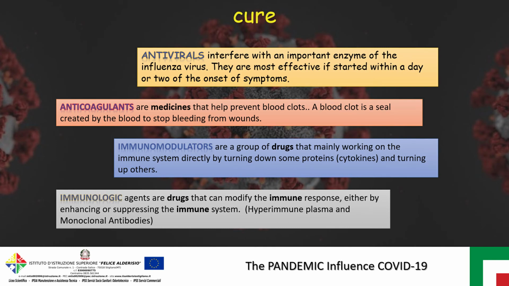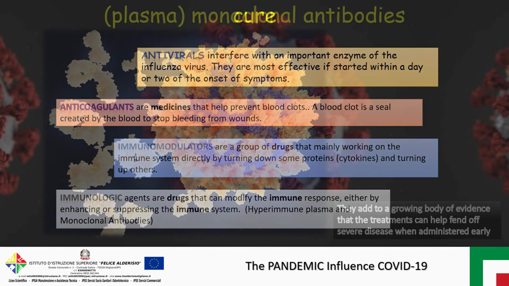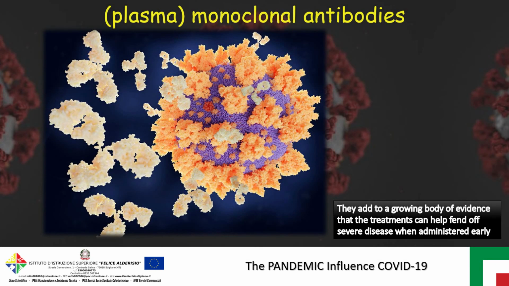And in the end, immunologic agents are drugs that can modify the immune system's response, either by enhancing or suppressing the immune system. Another option can be monoclonal antibodies, which are laboratory-made proteins that mimic the immune system's ability to fight off harmful pathogens such as viruses.